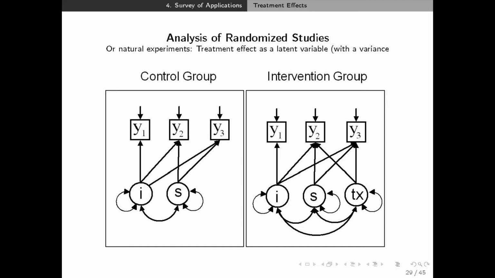It views the treatment effect not as a dummy variable effect, treatment versus control, but as an additional latent change factor that's only exhibited in the intervention group and not shown in the control group. It has been shown to be more powerful than ANCOVA analysis for RCTs. They use simulation studies.